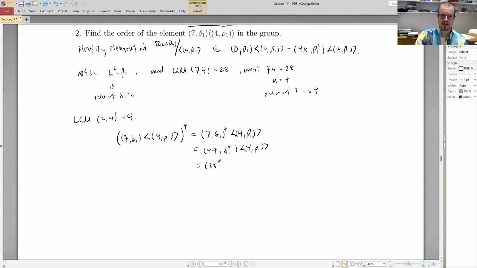This is 28, and delta 1 to the 4th we could write as delta 1 squared if that is helpful. This is the identity squared is the identity, and this is also 0, so we get 0, row 0.